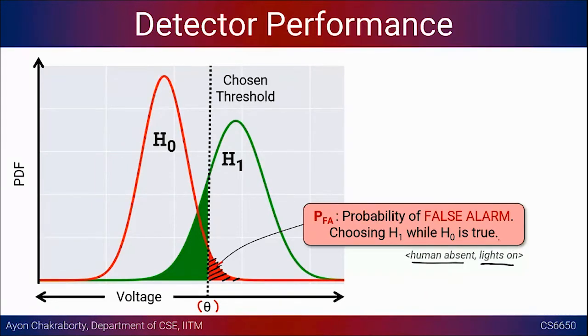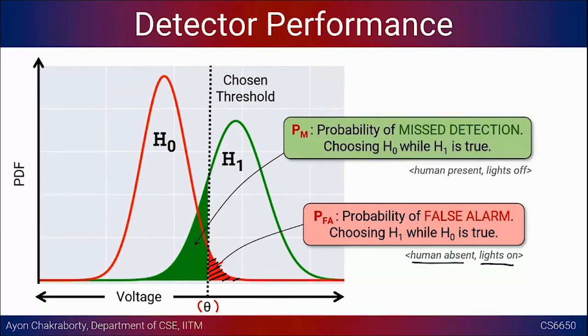And the left hand side is called misdetection. Let's say the value of the voltage will be in this shaded green portion in a few cases of H1. So the person is present, and the voltage that you see while the person is present is not always greater than the threshold. Otherwise you would have a 100% detection rate.